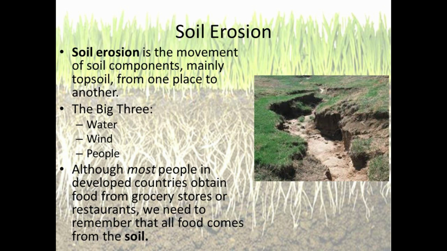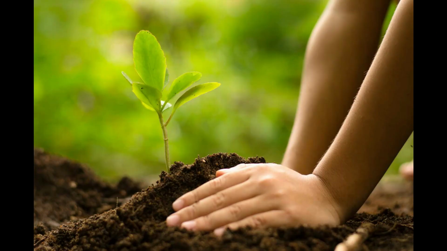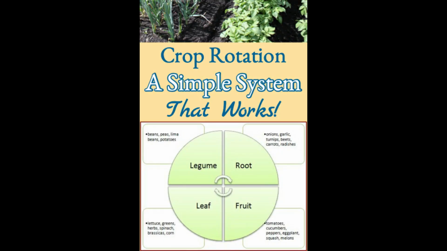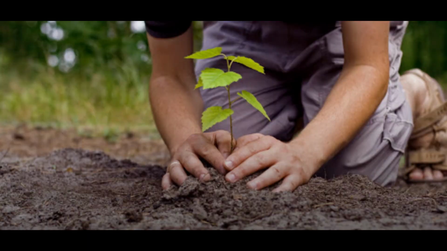This is happening due to wrong human practices like cutting of trees, overgrazing of animals, besides many other reasons. This needs to be managed through appropriate measures such as plantation of trees, selective agricultural practices like crop rotation, and a multiple cropping method. This also needs mass awareness and adoption of these practices at local level.